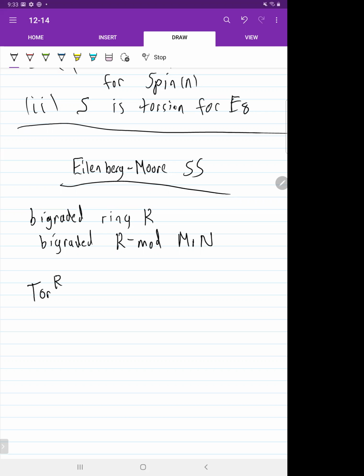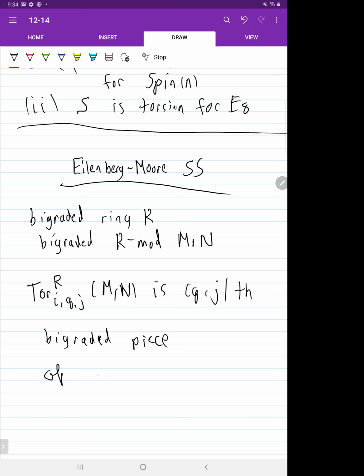We just introduced this notation for Tor for the different parts. So Tor_i^(q,j) of (M, N) is the (q,j)-th bigraded piece of Tor_i of (M, N).